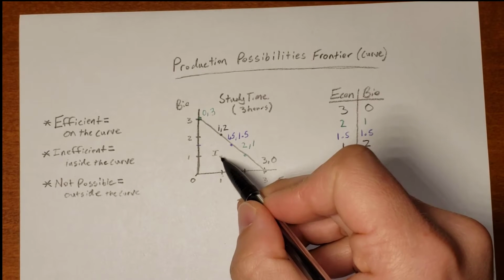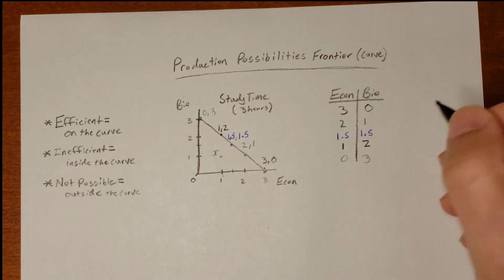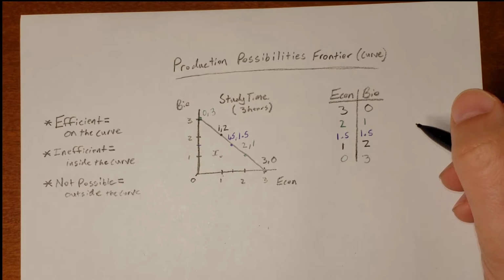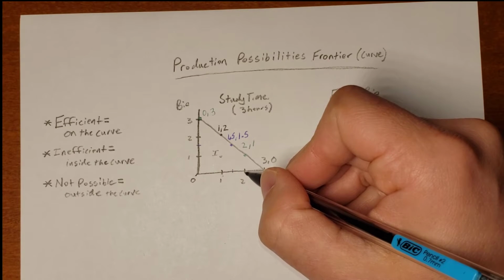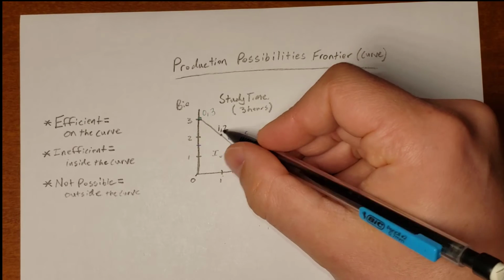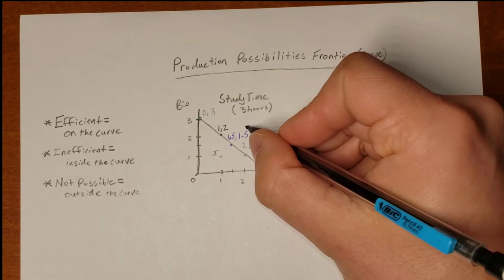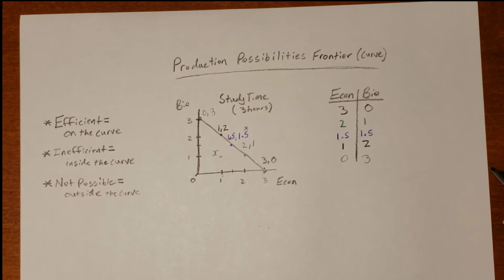So we might think of this as being inefficient anywhere inside of the curve. Another thing that you might often see is something that's not possible, which let's say I say, well, I'm going to study 2 hours of economics and 2 hours of biology up here. Well, that's not possible, right? So anything that's outside the curve would not be possible.